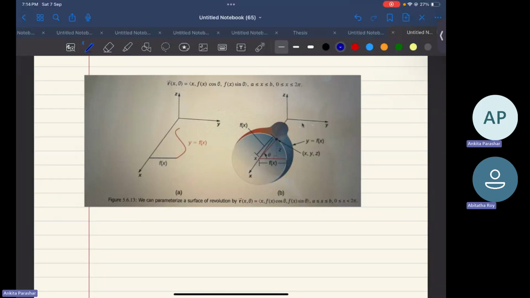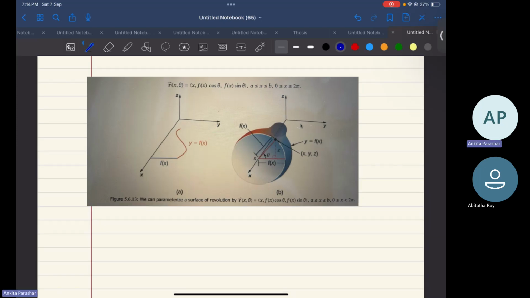Okay, here is one more thing that I want to discuss. Till now, we have been writing about the surface and area of the surface. There is one more question.